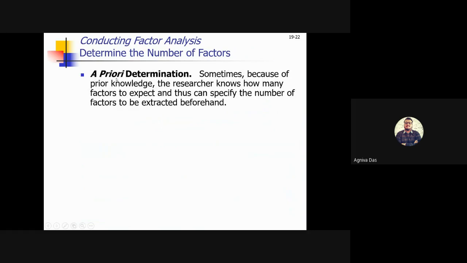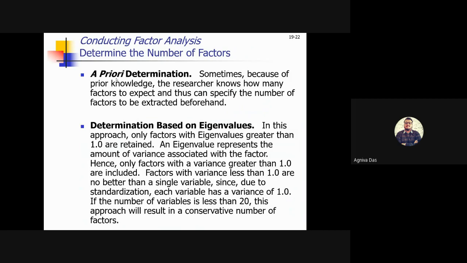Now, how to determine the number of factors? First is a priori determination, meaning it was known from beforehand. Due to prior knowledge, the researcher might already know how many factors to expect, and can specify. The second is based on the eigenvalues.